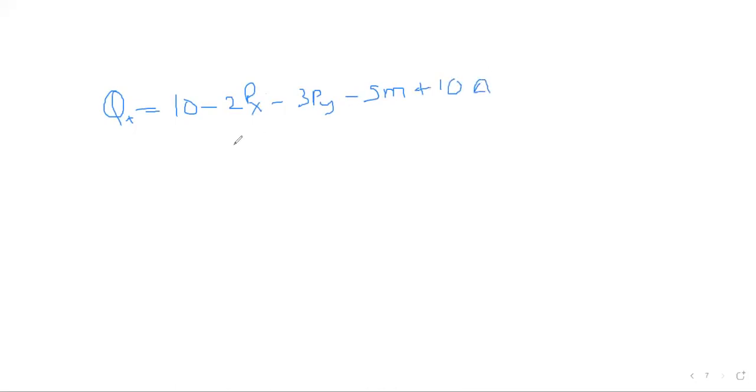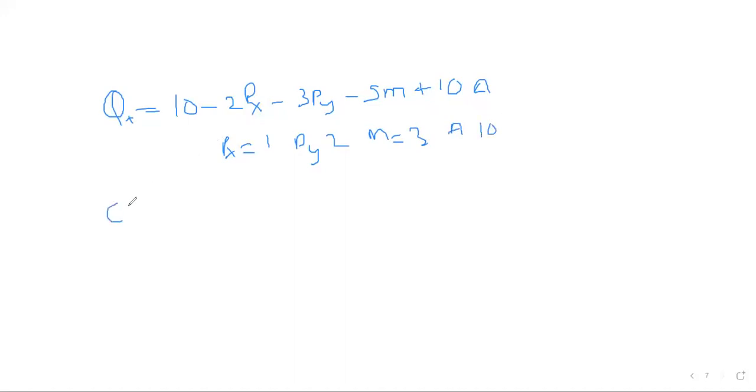And you'll be given the price of x, maybe it's 1. Price of y, maybe 2. Price of m, or the income itself, maybe 3. And your a, maybe 10.